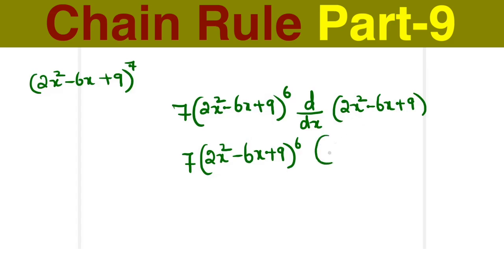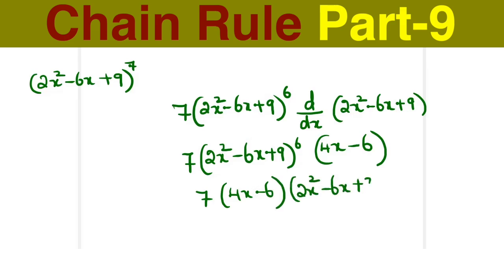So differentiation of 2x² is 4x. Differentiation of −6x is −6. Differentiation of 9 is just 0. So now I can combine this as 7 into (4x − 6) into (2x² − 6x + 9)⁶.